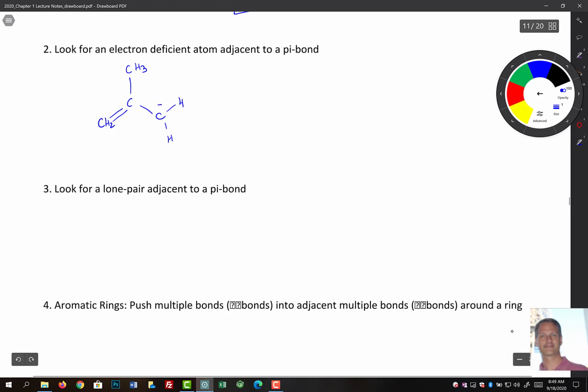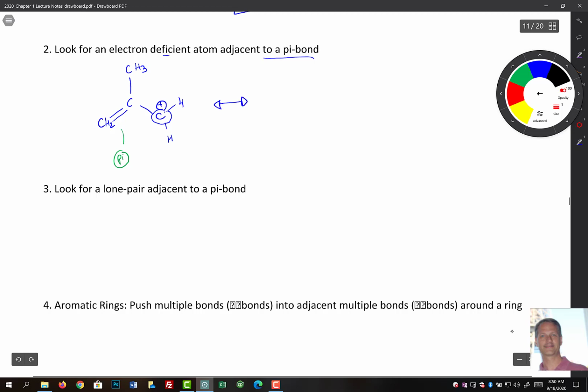Again, that carbon with 3 bonds is where that plus charge is going to be. And let's see if we have satisfied rule number 2, or what we're looking for. Electron deficient atom, that's your carbon here, adjacent to a pi bond. All right, pi bond. So remember, this is your pi bond, right? Here.